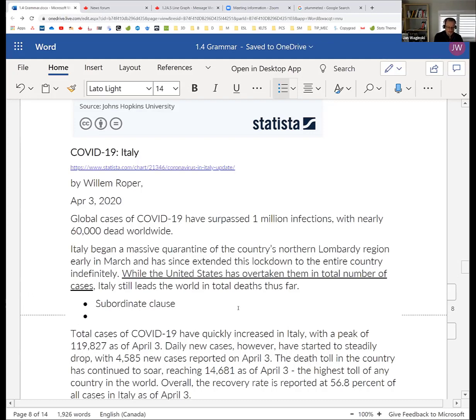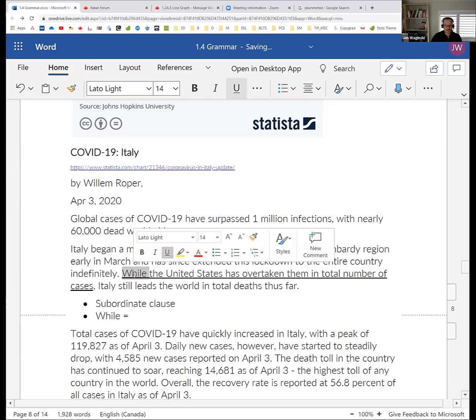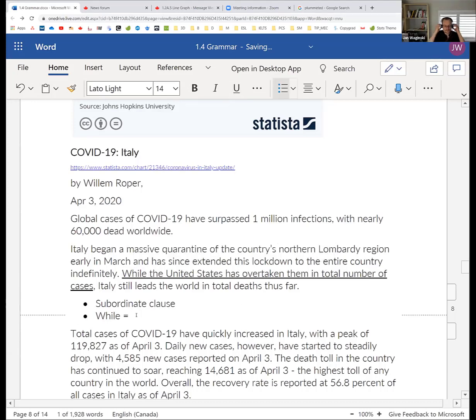So while. What kind of word is while? Do you remember what that category of words is called? While, because, since, although. Yes. Adjective conjunction. Adverb, sorry.